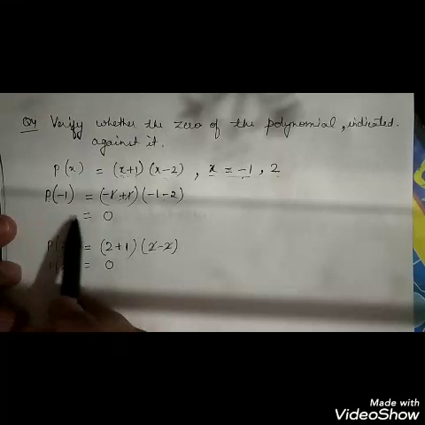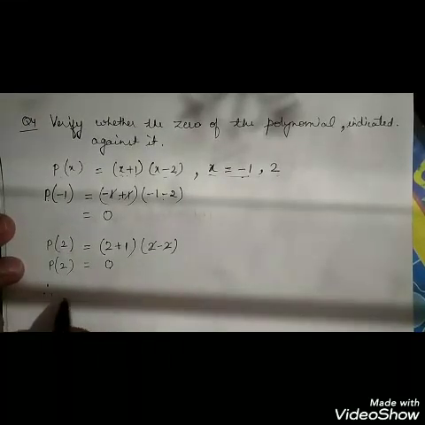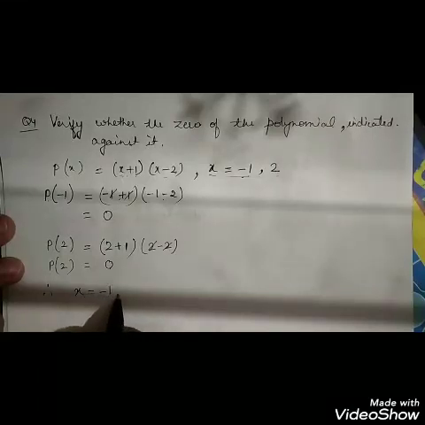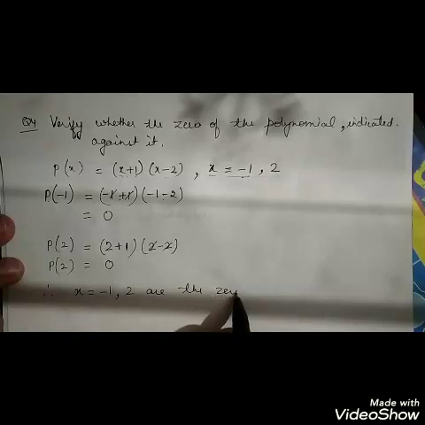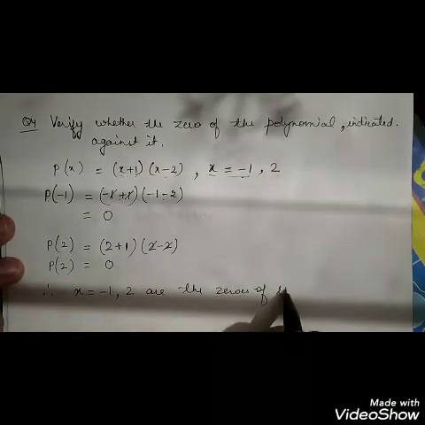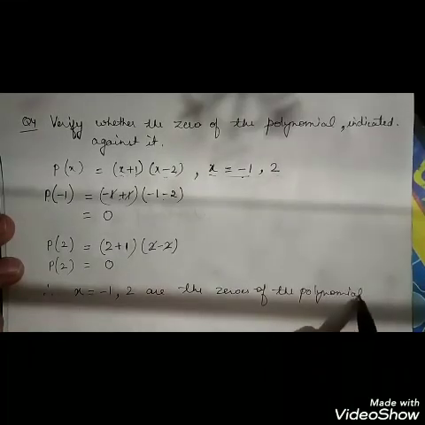So p(-1) = 0 and p(2) = 0. Therefore x = -1 and 2 are the zeros of the polynomial p(x).